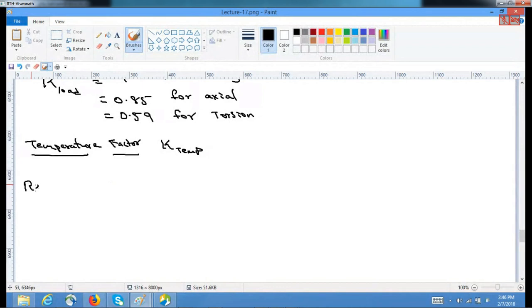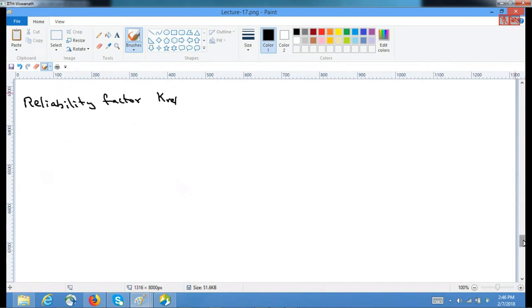the reliability factor. See, reliability is like this: let's say we are operating something important, like a power plant, where the number of power failures has to be very low, so you want 99.99999 percentage of the time the power failure should not happen.